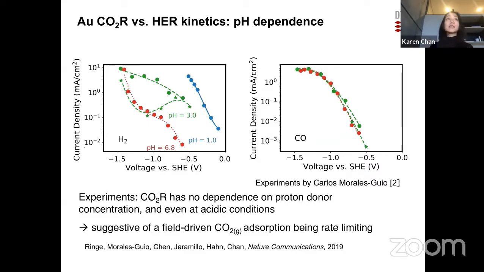What we can clearly see from these two plots is that hydrogen evolution, as we go to acidic conditions, is very sensitive to pH, whereas CO production is not. This suggests that CO2 reduction to CO is not determined by a proton-electron transfer, and is suggestive of field-driven CO2 adsorption being rate limiting.